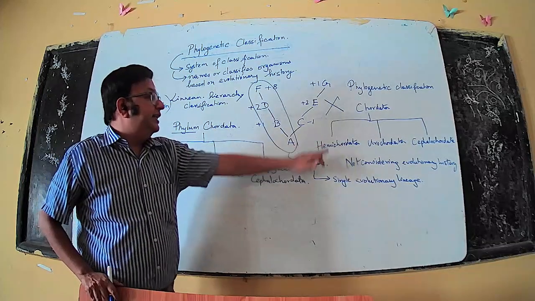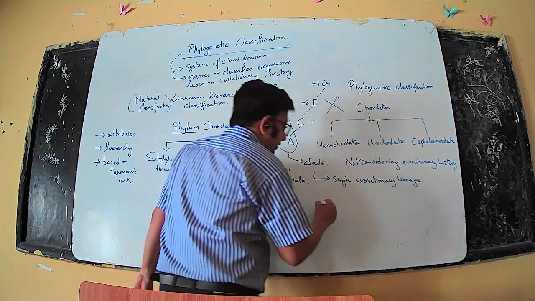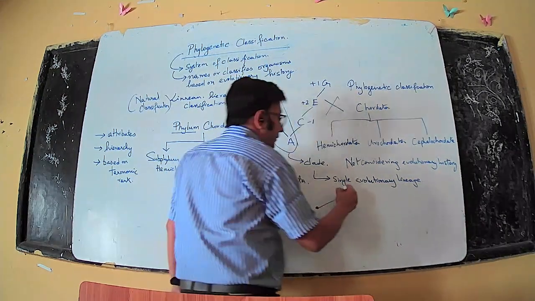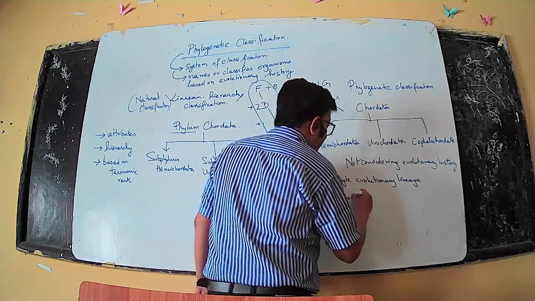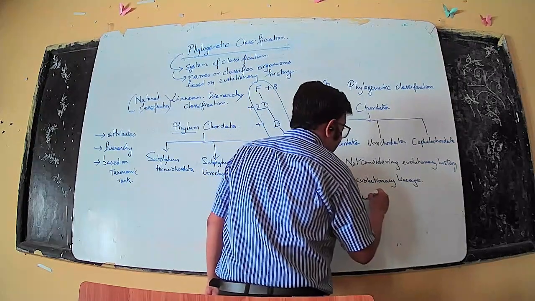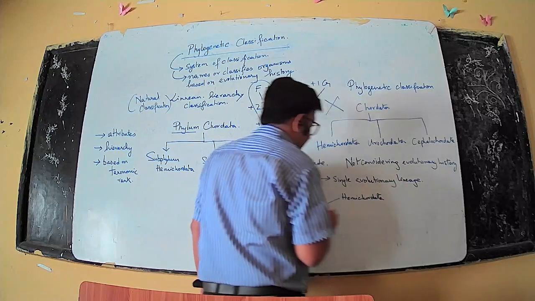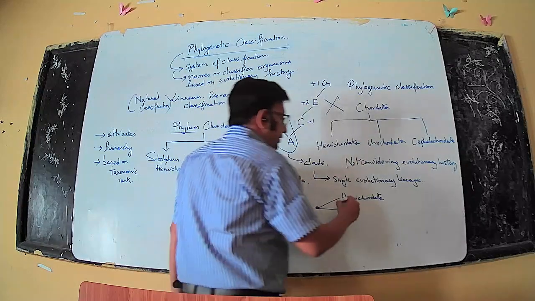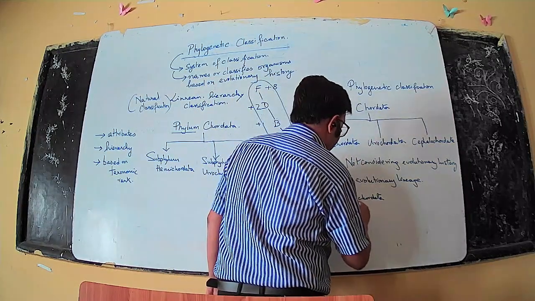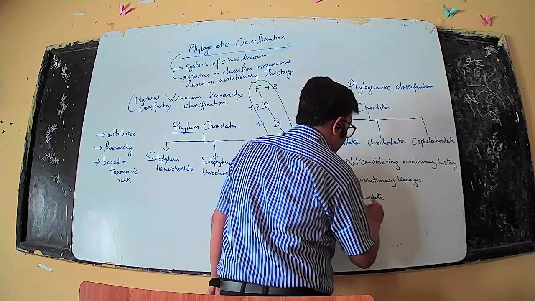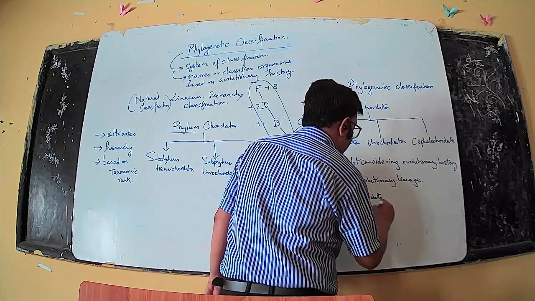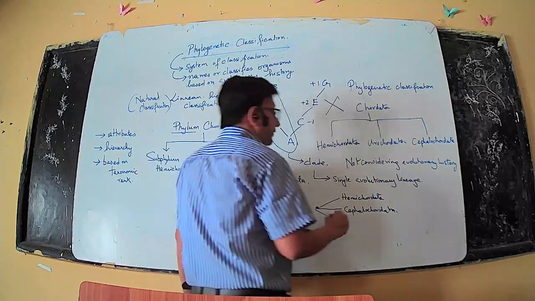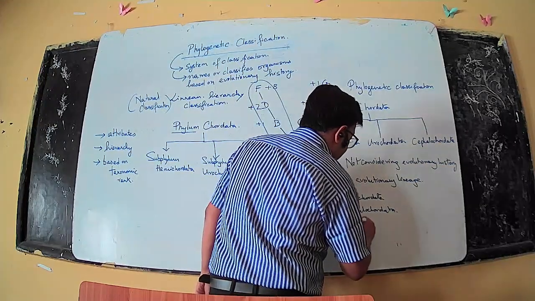But in evolutionary classification, you can have an ancestral species. This gives one line, Hemichordata. Second line, a different parallel evolution, you have Urochordata.